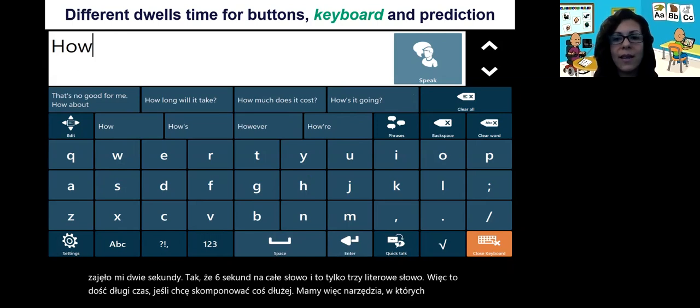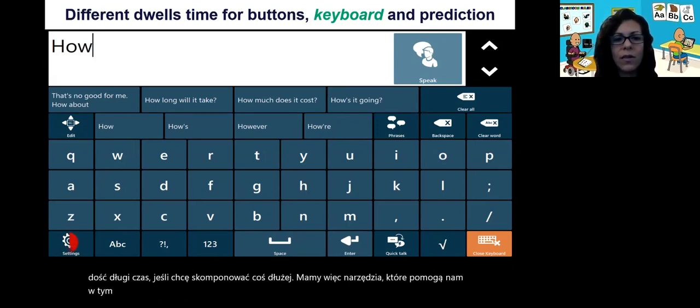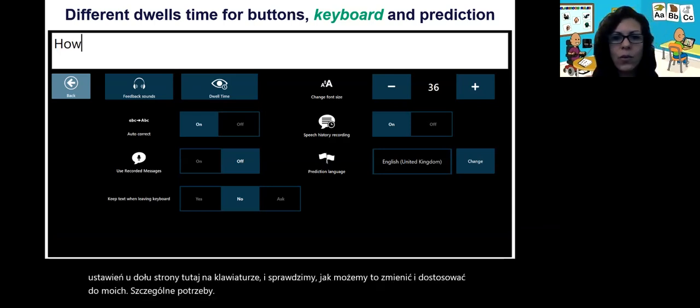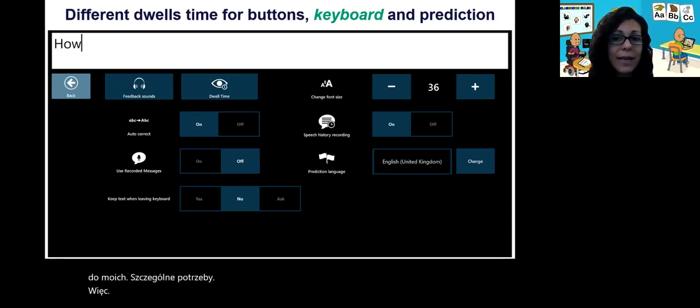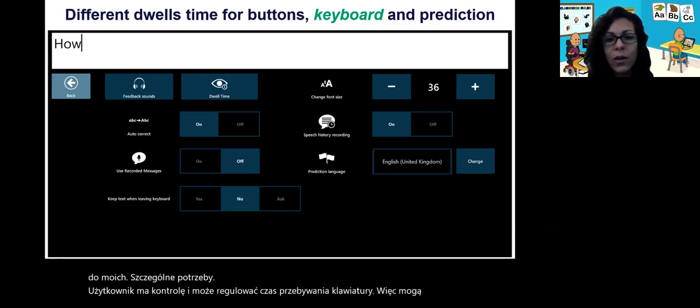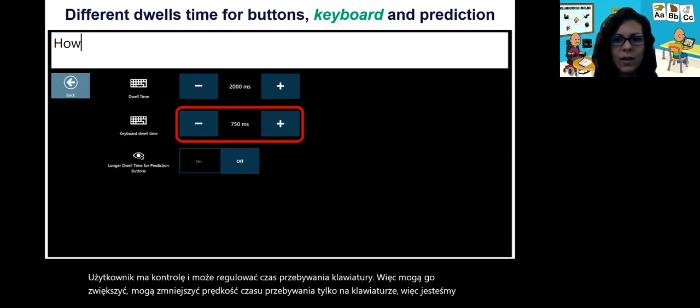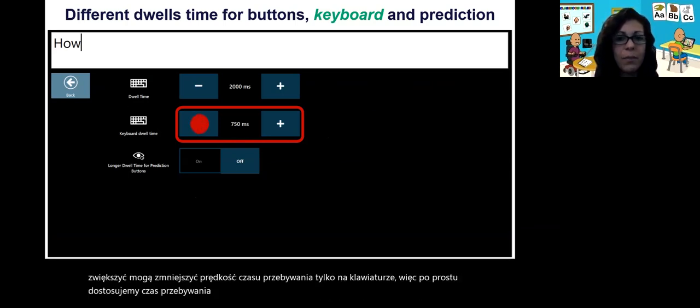So we're going to go to settings at the bottom of the page here in the keyboard, and we're going to check out how we can change that and adapt it to my particular needs. So the user has control and can adjust the keyboard dwell time. So they can increase it, they can decrease the speed of the dwell time on the keyboard only. So we're just going to adjust the dwell time to 0.7 of a second so that I can type much quicker.